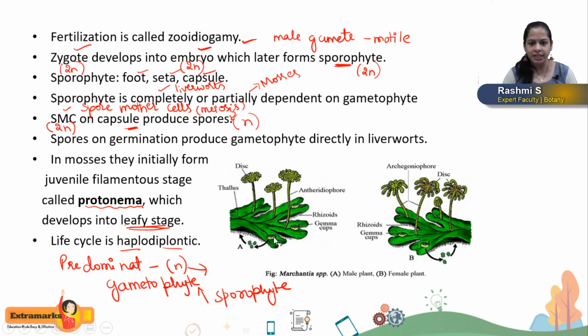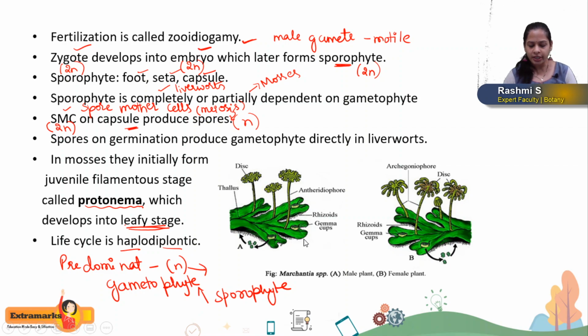So these are actually the gemma cups through which vegetative reproduction occurs in Marchantia, and you can see they are present on the dorsal side. In Marchantia, the plant body is thalloid, a flattened plant body, and on the dorsal surface you can find thick ridges called the midribs, which have parenchymatous tissue for conduction.